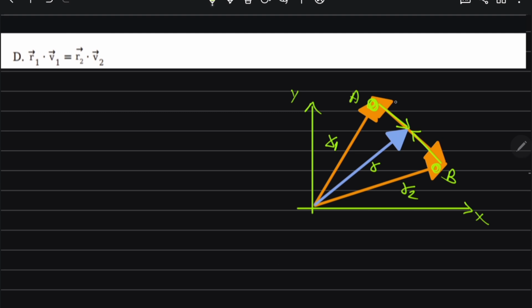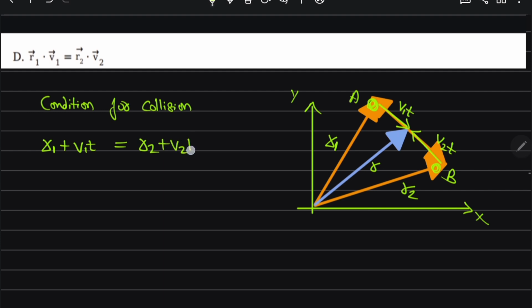So at time t, they move a distance of v1 into t and v2 into t. So for the condition for collision, r1 plus v1 into t is equal to r2 plus v2 into t.